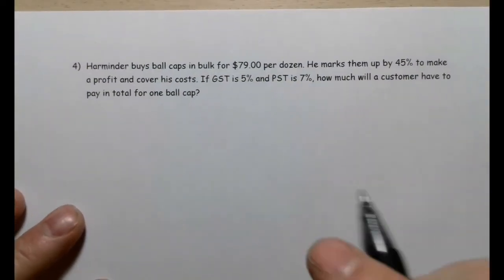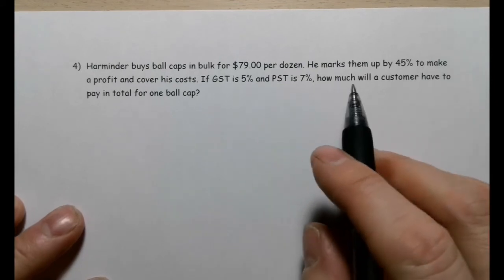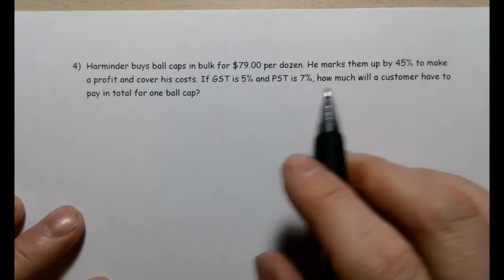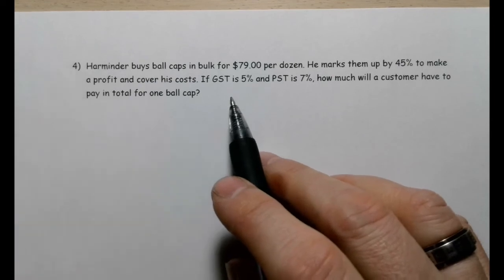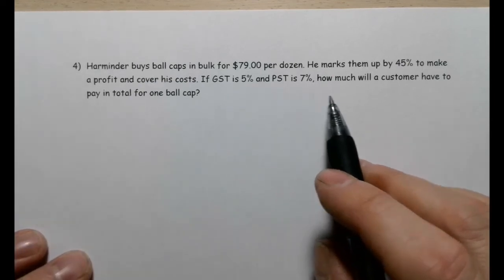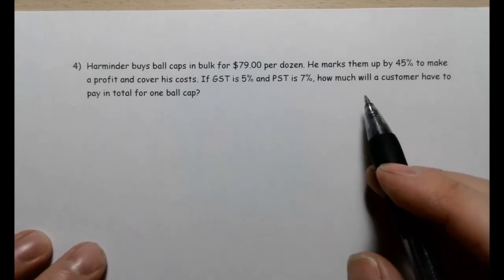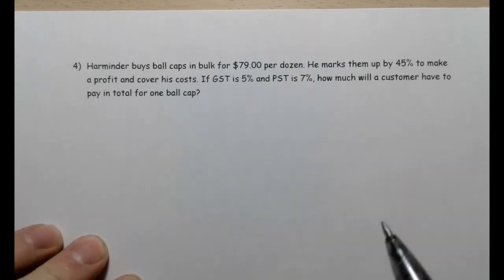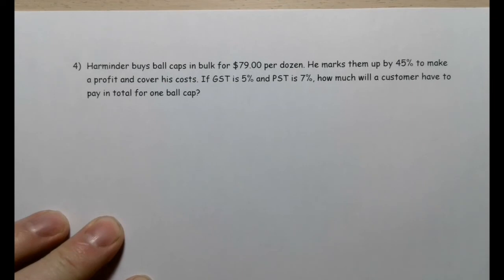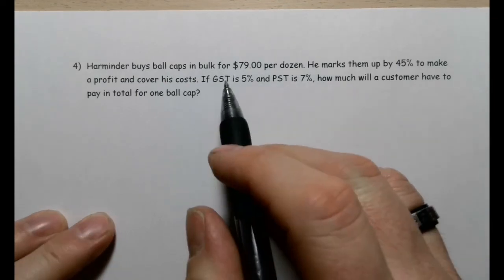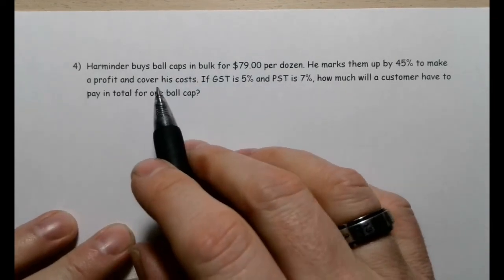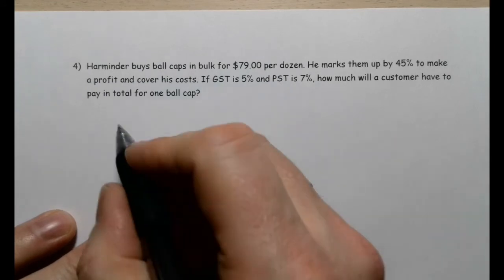Okay, so he's going to mark them up by 45%. So this is how much he's going to have people pay for them. So let's call it, well, so he's got $6.58 plus 45% of $6.58.